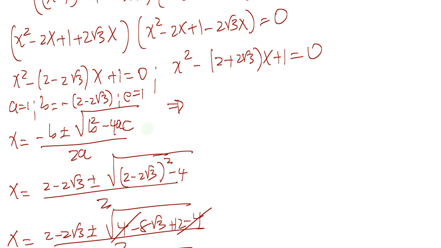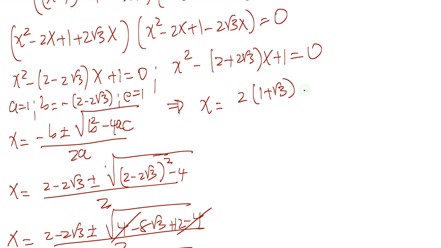So now from this equation we get our imaginary solutions, and now our real solutions we're gonna get from here. Following basically the same steps, we're gonna have that here x is gonna be equal to negative b, which is this one, which is gonna be positive 2 times 1 plus square root of 3, right?